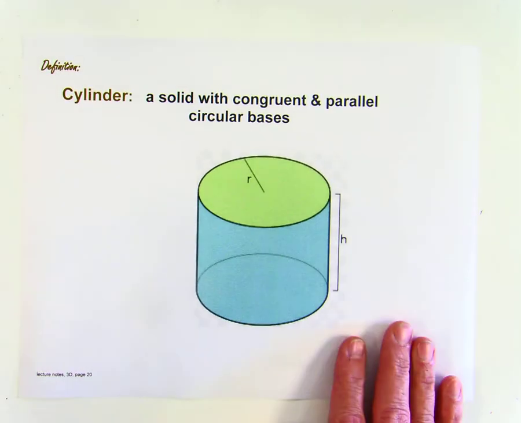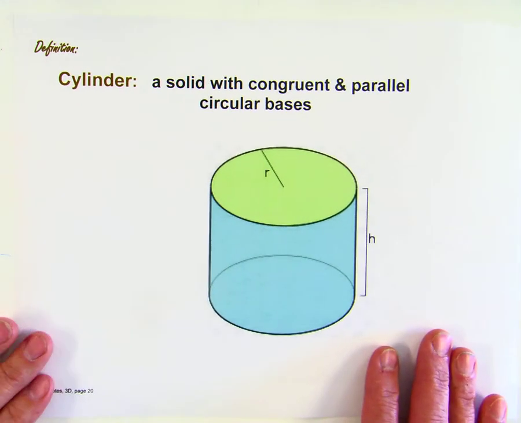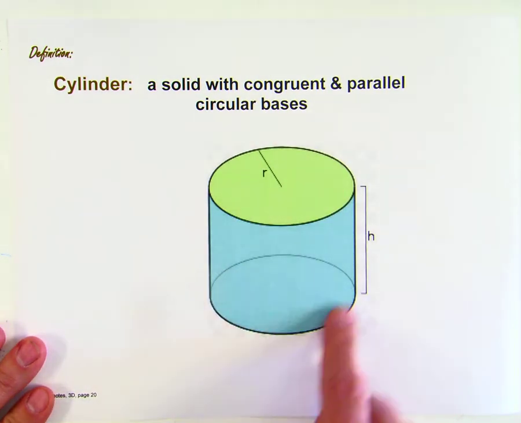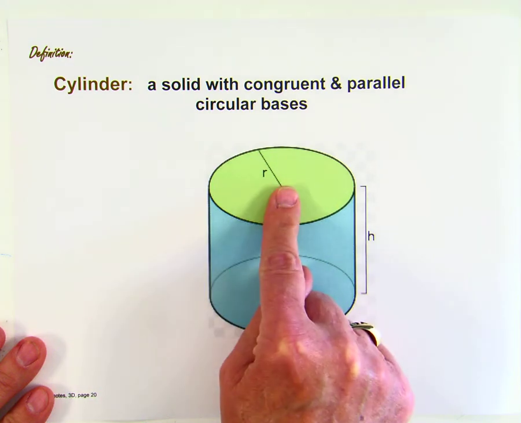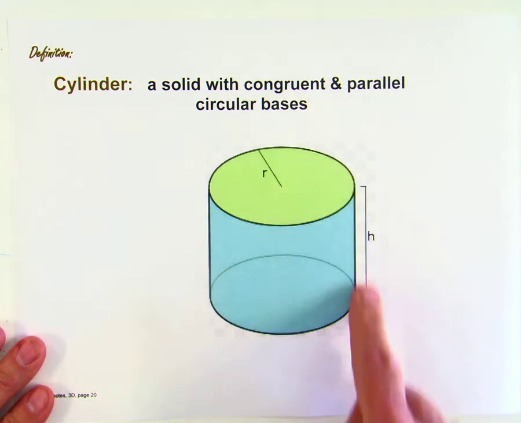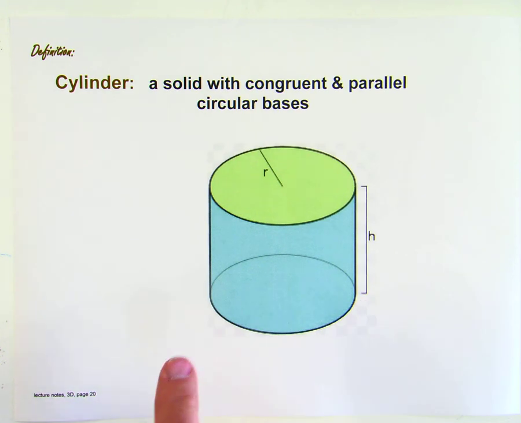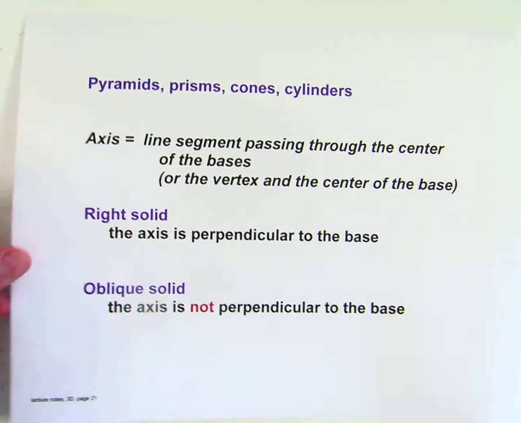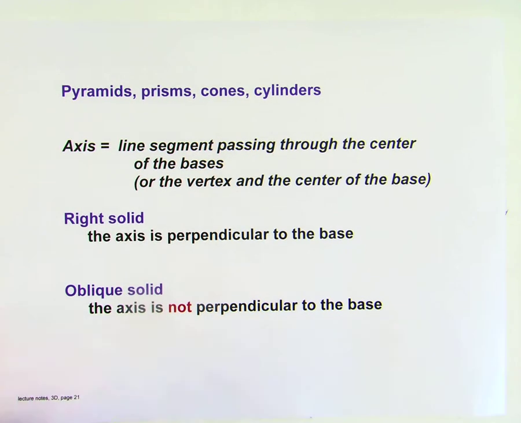A cylinder is a solid with congruent and parallel circular bases. We'll deal with the circles, the top and the bottom, using the radius or the diameter, and we'll talk about the height as the perpendicular distance between the 2 bases. In each of these shapes, they might be straight or they might be crooked. We have a better name for it than crooked, of course.